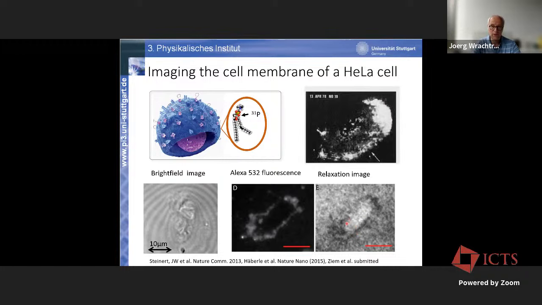Signal to noise, once again, is bad, but I like to compare it to this image here, what you see on the top right corner. This was taken more than 40 years ago, and it is the first magnetic resonance image. So it's the first MRI image ever taken. You see signal to noise is similar, even the shape is similar, although this is a coincidence.